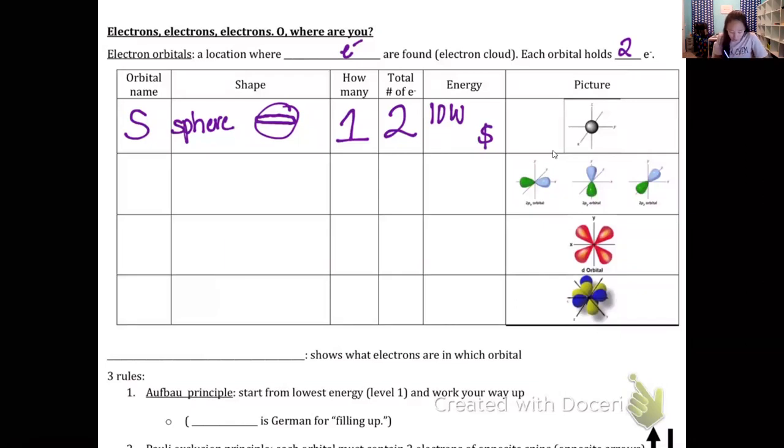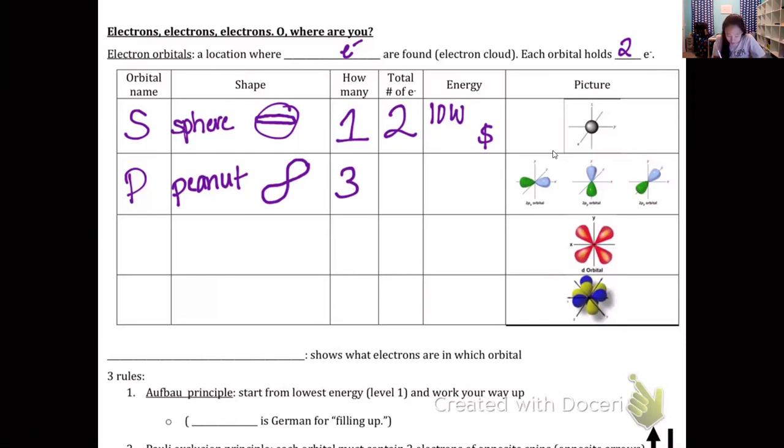The next one is called the p orbital. So you can think of this as a peanut shape, where it sort of looks like this infinity symbol, like that. So p orbital or p house is a slightly bigger house. You can think of it as a 3-bedroom house, okay? So it has 3 bedrooms that can fit 2 electrons each. So how many electrons can fit in there?